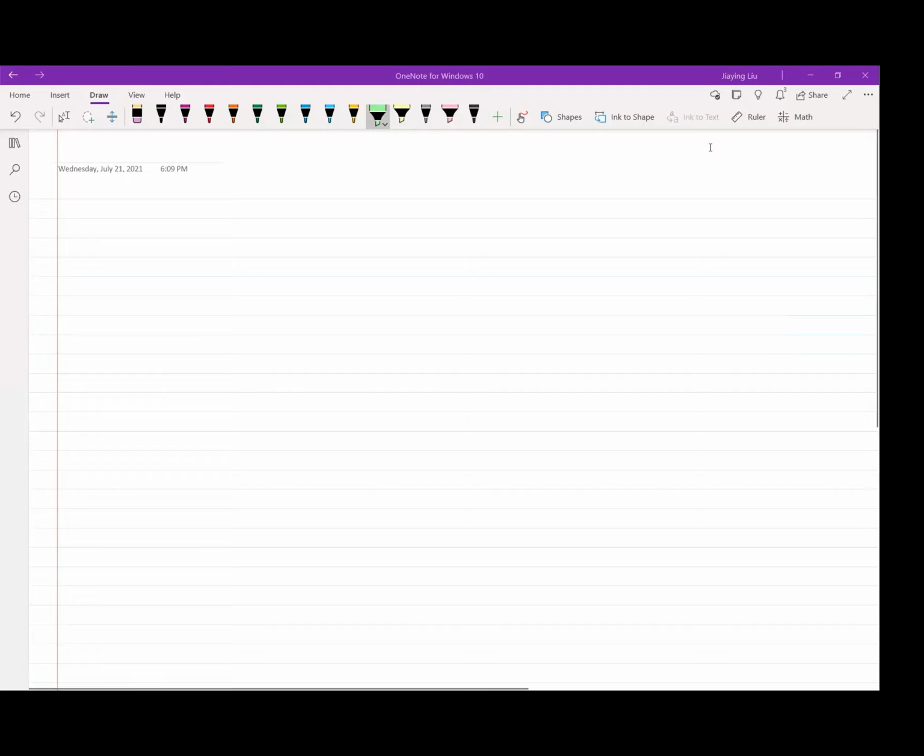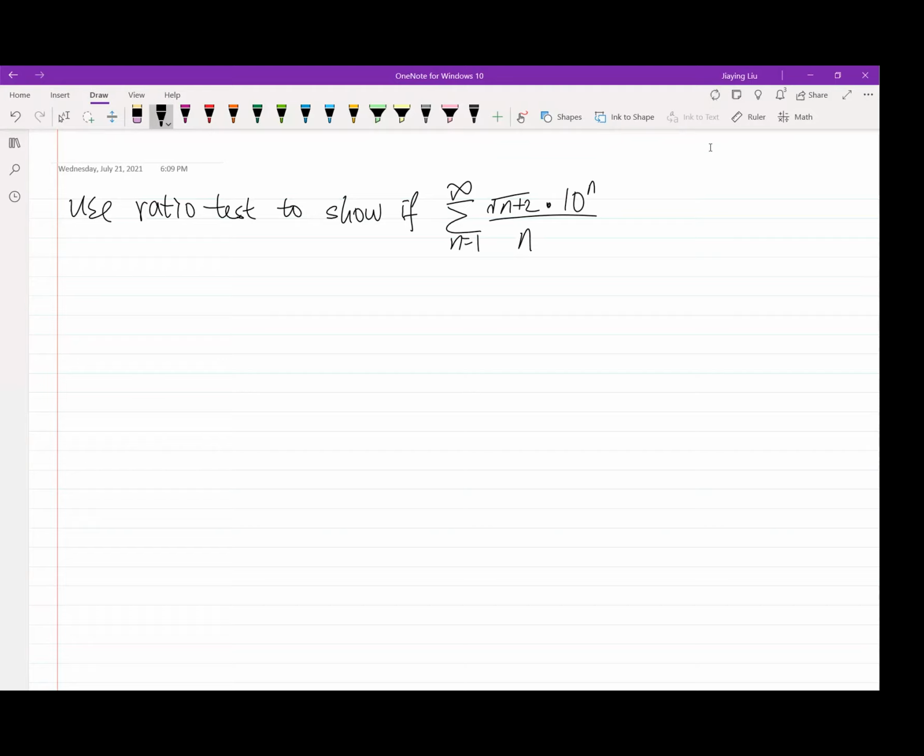So the problem is: use the ratio test to show if the series, n from 1 to infinity, of square root of n plus 2 times 10 to the power of n, divided by n to the 200.